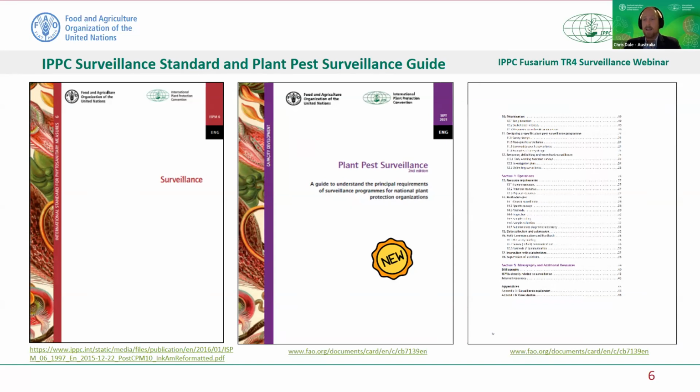Again, as Camilo mentioned, and as did the IPPC secretary, there are also a number of other very useful, relevant and practical resources that can be found on the IPP. There's a surveillance landing page on the IPPC website that has a lot of links and a lot of contributed resources from countries on specific pests, but also on things like resourcing and training.